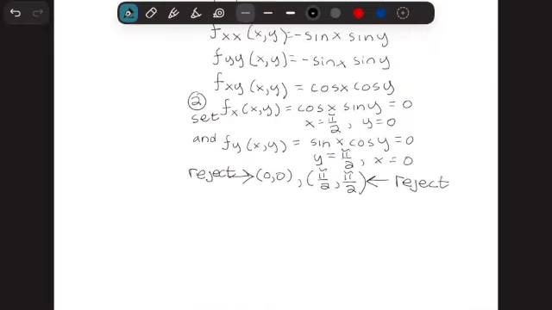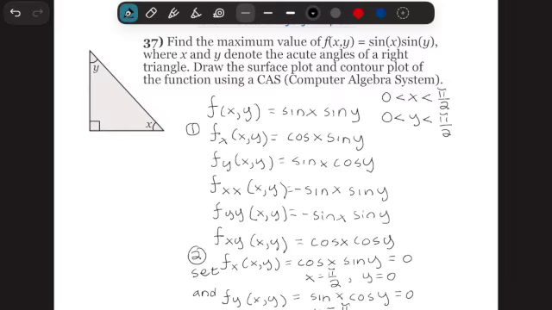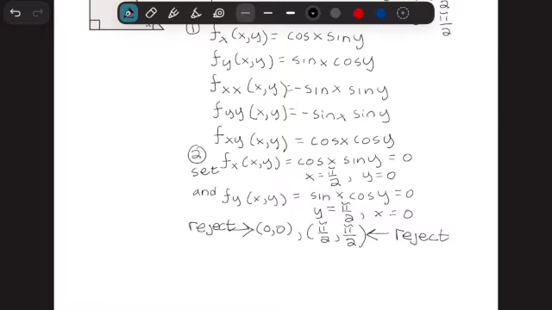So I think that we just found all of those partials for no reason. And the second partials approach is just not really applicable to a constraint problem like this, especially where you don't have a closed bounded region.